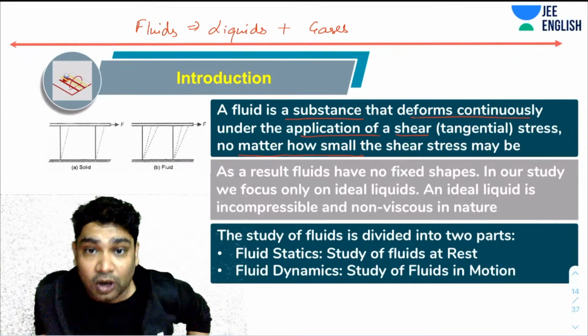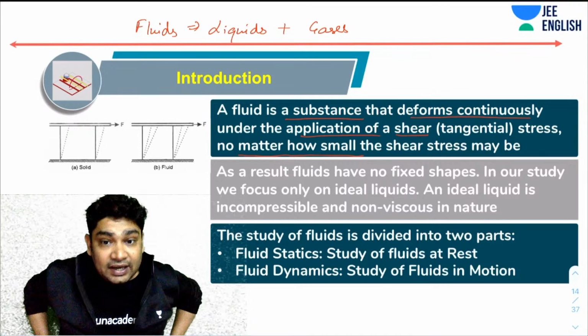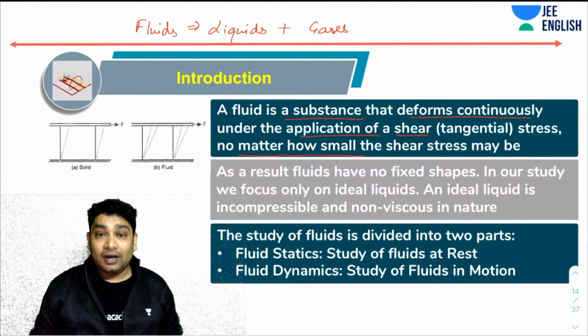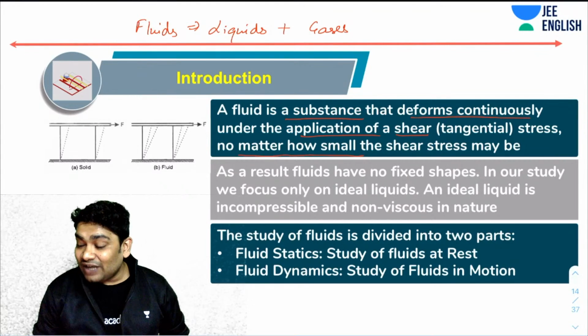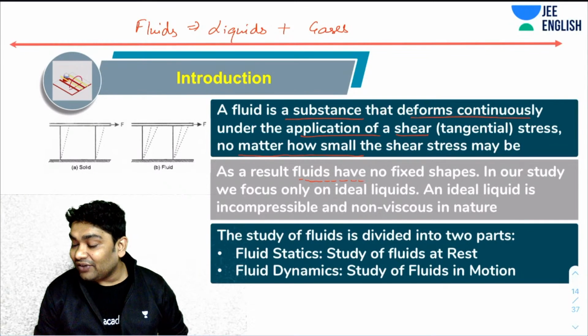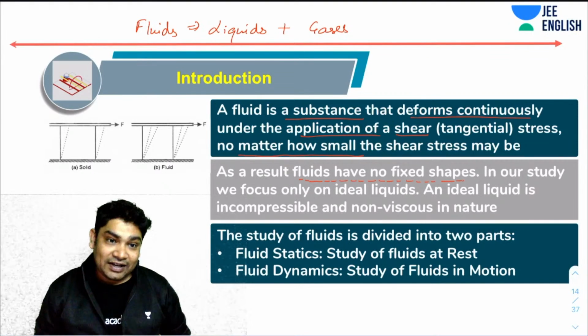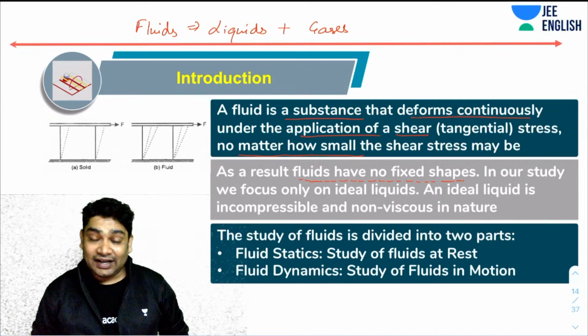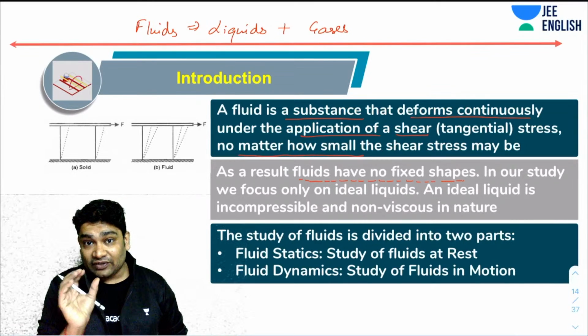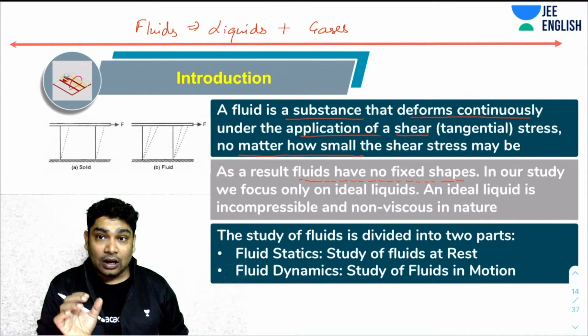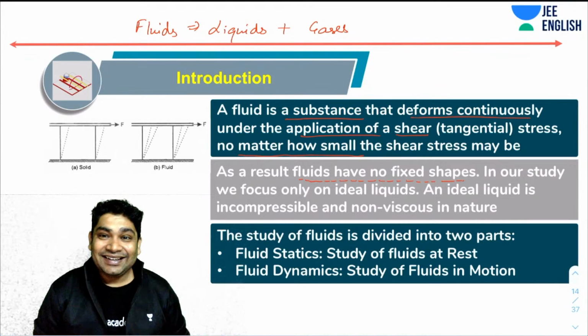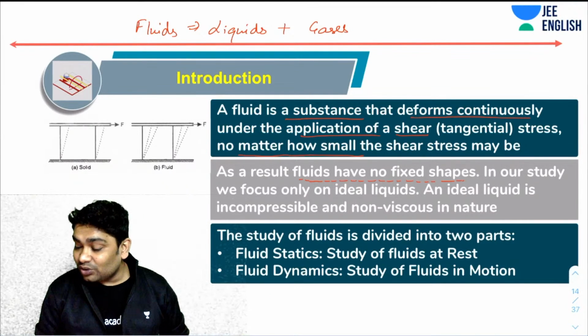That's the difference between solids and fluids. As a result of the above property, fluids have no fixed shapes. That is how you can identify any fluid. Anything that cannot hold a fixed shape is definitely a fluid. Now, in our studies, we will focus only on ideal liquids.